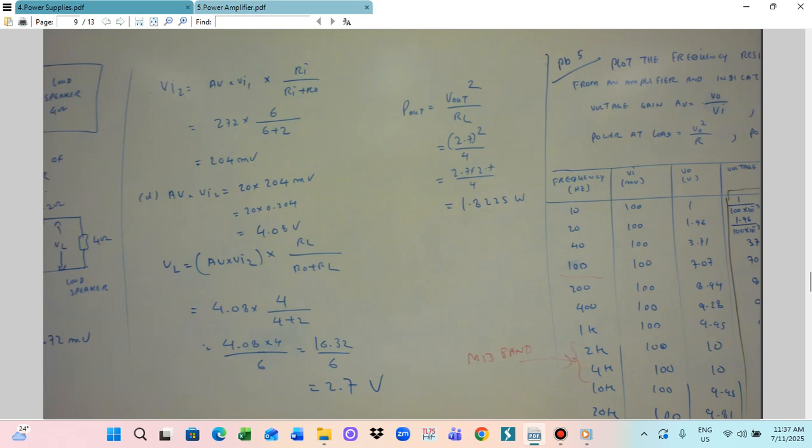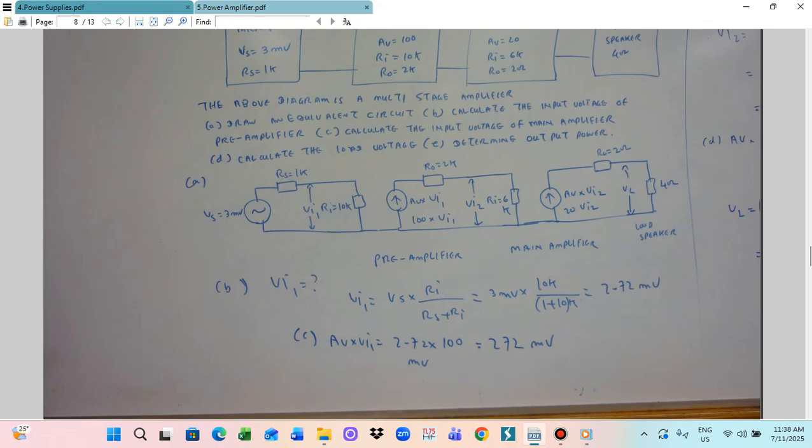So this is our main amplifier. And then this is connected to the loudspeaker, which is 4 ohm. So this is the circuit configuration of the pre-amplifier and main amplifier. We can draw the circuit like this.